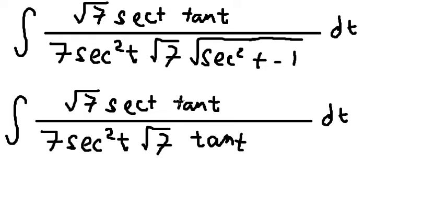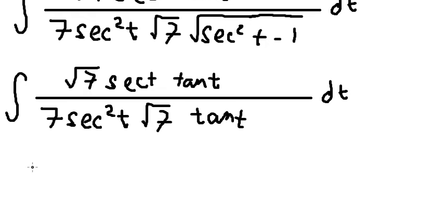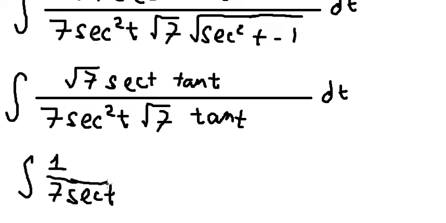So we simplify tan t. We simplify tan t and the square root of number 7 and the secant of t with secant of t in here. So you got about 1 over 7 secant of t dt.